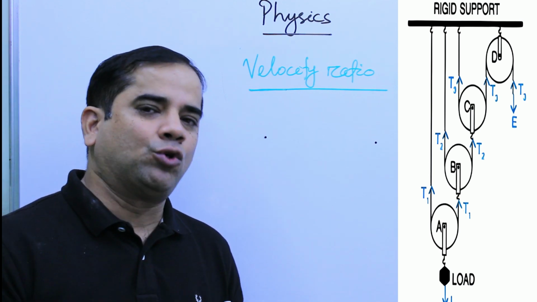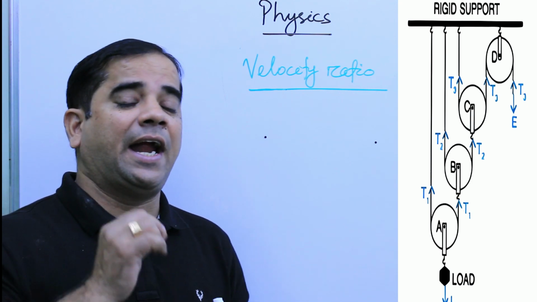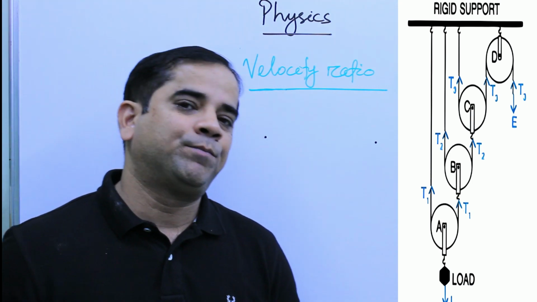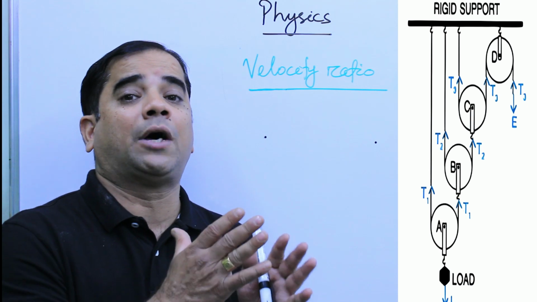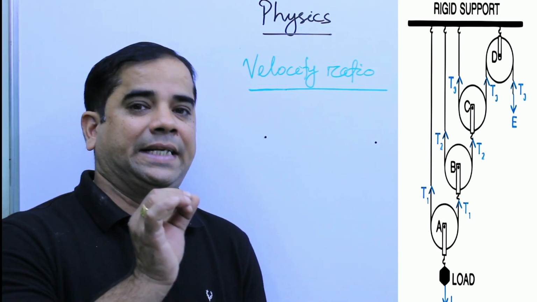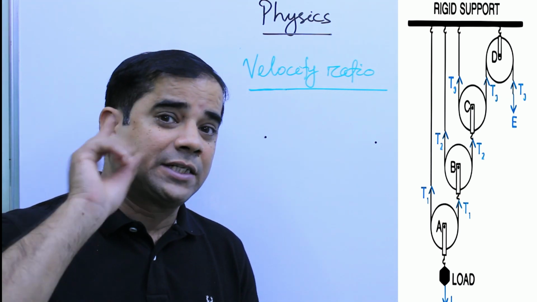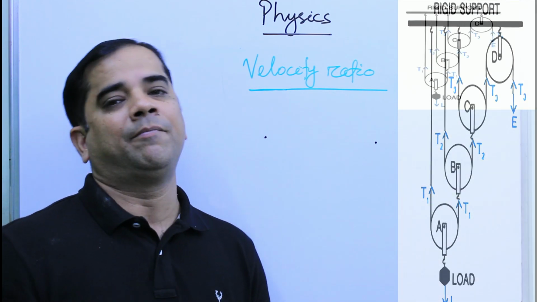Students, as you can see in the diagram, in this system of pulleys, one end of the string which passes through the movable pulley is fixed and the other end moves. That means when the load which is attached to the pulley A, which is at the bottom of the system, moves a distance, the string at the other side of the pulley which is going towards B moves double the distance.